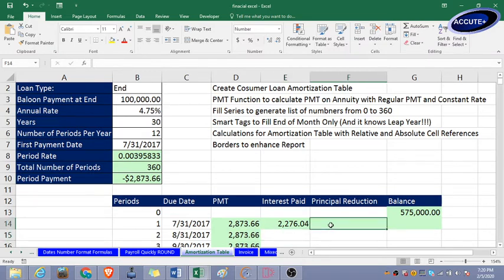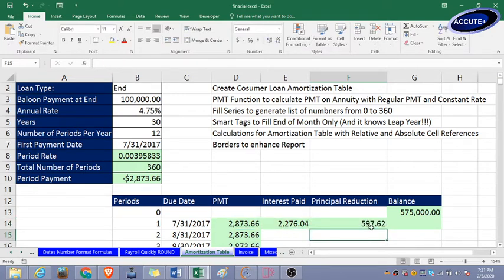All right, that is how it is mostly when it's at the beginning of a loan. Now what is our principal reduction? Our principal reduction becomes the PMT minus the interest paid.